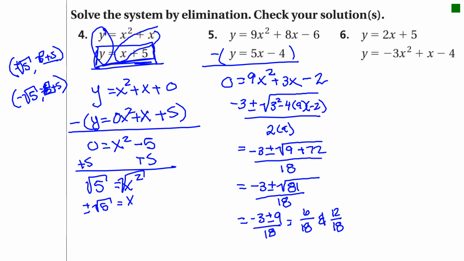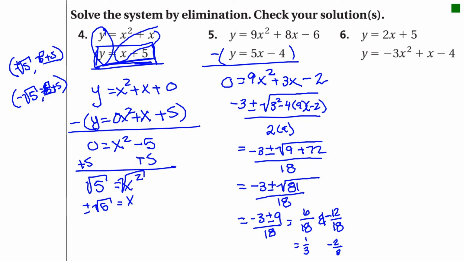Okay, 6 over 18 reduces down to 1/3. And 12 over 18 reduces down, 6 goes into 12. Oh, sorry, this is negative 2/3, negative 2/3. All right, we found our two x's.